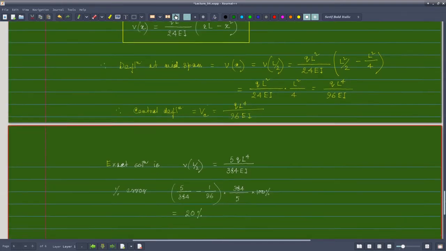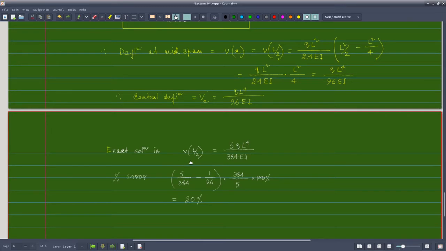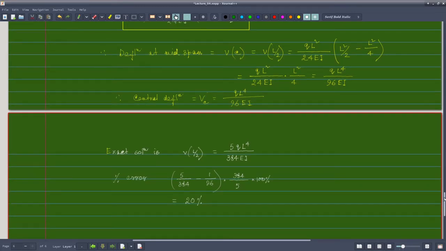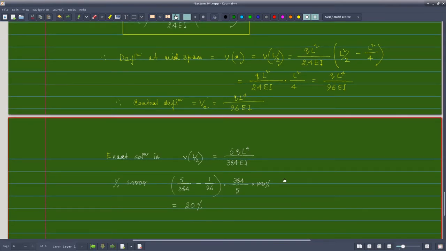Now from structural mechanics, you know the exact solution. If I have a beam of span L loaded by a UDL of q, then I know that the central deflection is given by 5 qL to the power 4 by 384 EI. And instead of that, this approximate solution has given me qL to the power 4 by 96 EI.